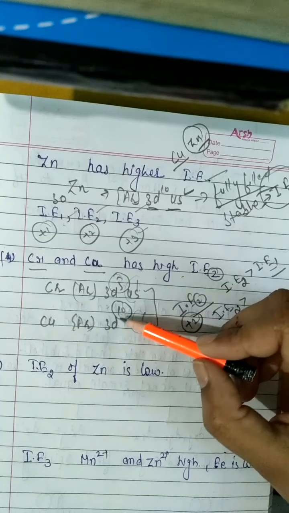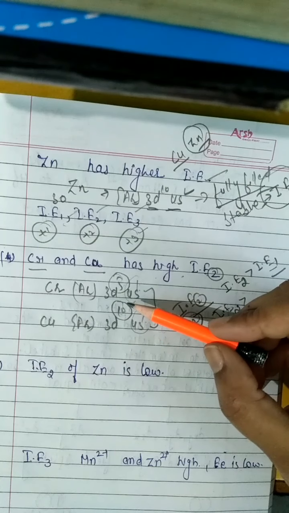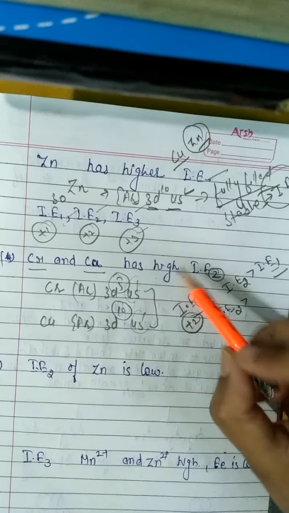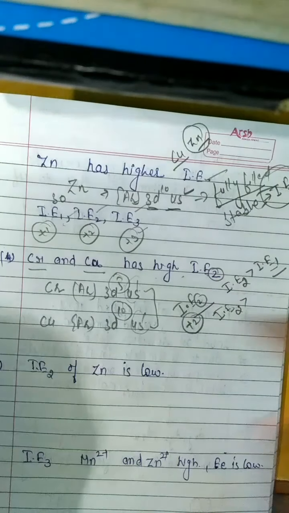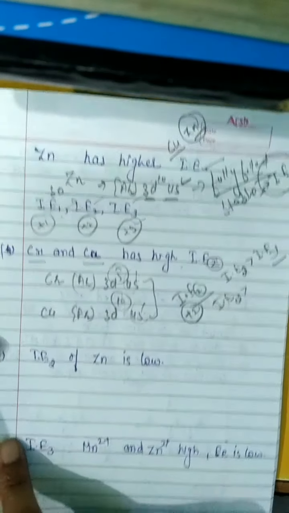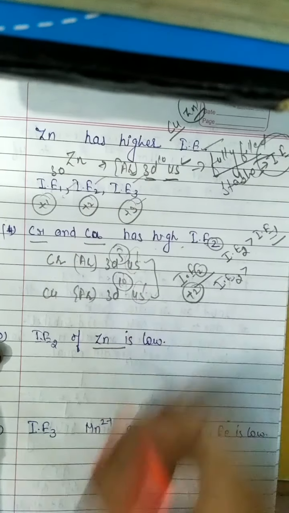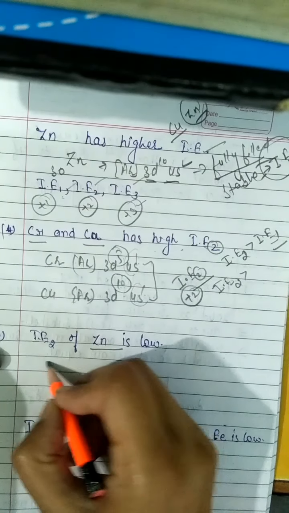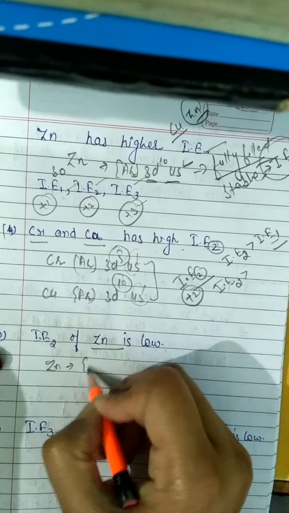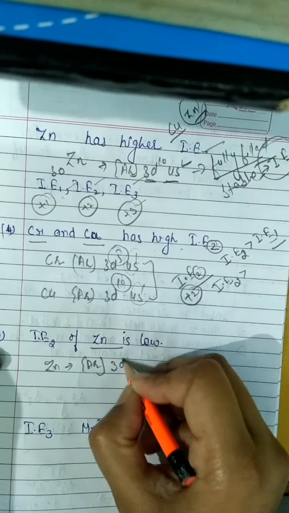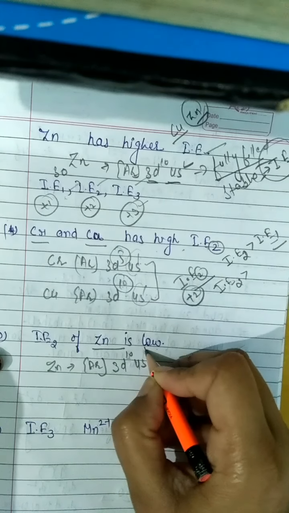They are more stable and we require a large amount of energy to remove an electron from the outermost shell. Clear? Now, chromium and copper have a higher second ionization enthalpy. But in the case of zinc, zinc has a low second ionization enthalpy. Zinc is Ar 3d10 4s2.